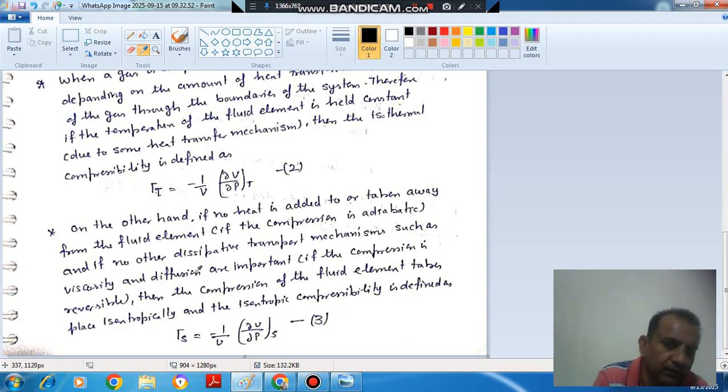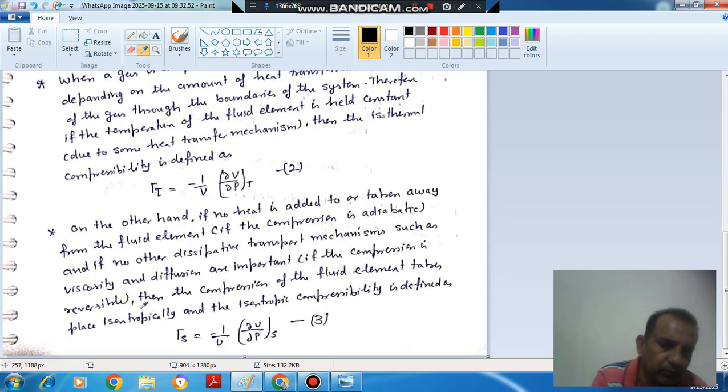And if no other dissipative transport mechanisms such as viscosity and diffusion are important, and we are neglecting the viscosity and diffusion terms, and we assume the compression is reversible and there is no heat transfer, then it will be isentropic compression.